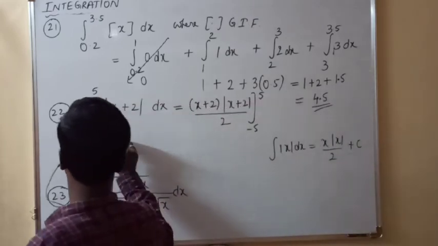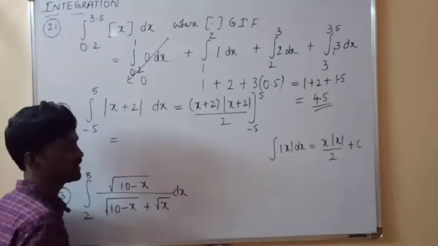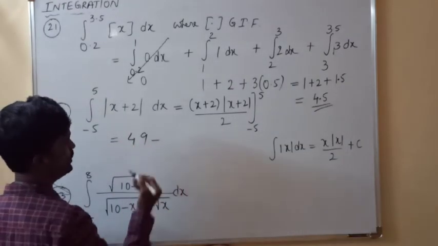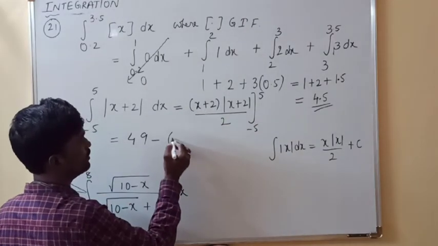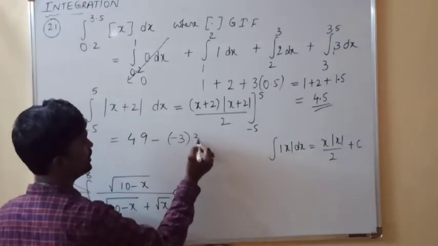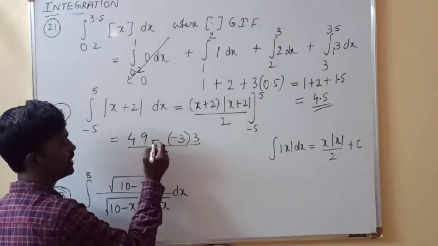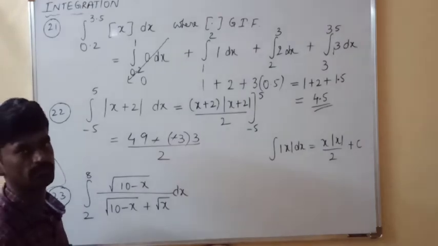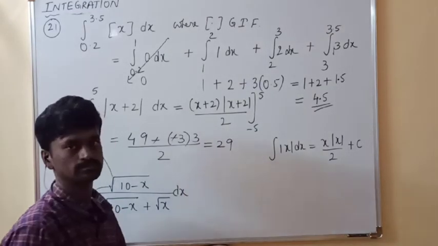So first if you apply the upper limit, what you will get? 5 plus 2, 7 into mod 7. 7 into mod 7 is 7 into 7, 49, minus. Apply the lower limit. Minus 5 plus 2 is minus 3, into modulus of minus 3. Modulus of minus 3 is plus 3, divided by 2. So minus into minus plus, 3 3s are 9. 49 plus 9, 58. 58 by 2, how much? 29 over.